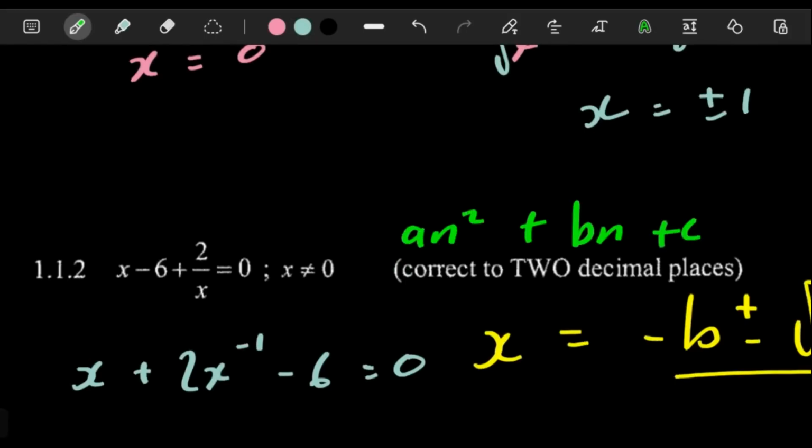So in our case, this is to the power of 1.